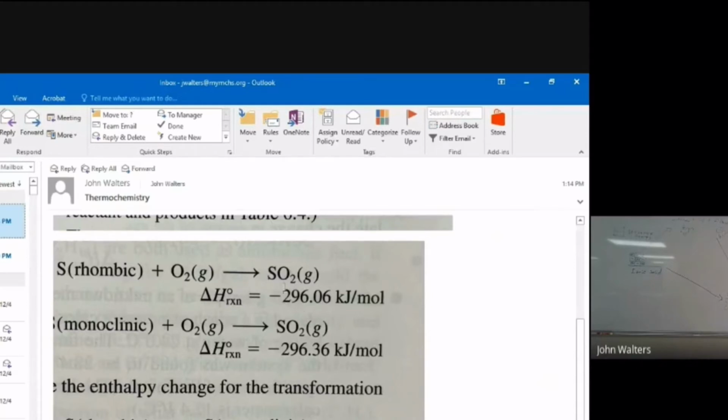And when we rearrange, if we reverse this, the enthalpy change sign value changes. If we keep it the same, obviously the sign value remains the same. I might have to times everything by 2 in order for it to cancel out with the bottom. Looks like in this case you don't have to do that.